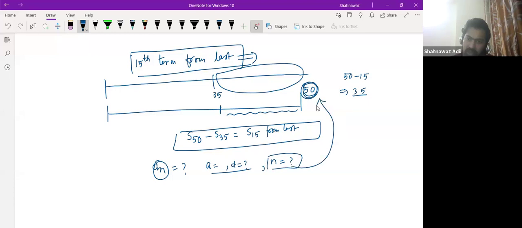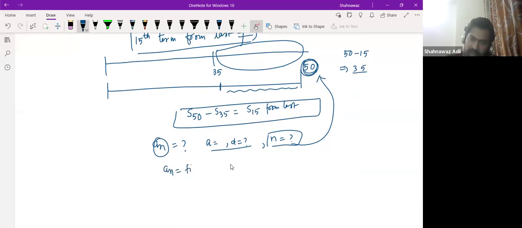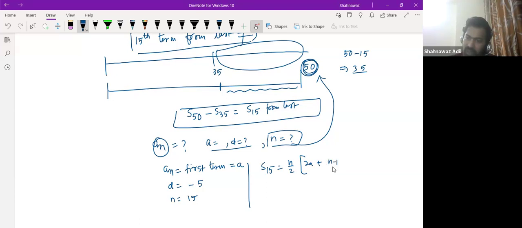This AN becomes the first term from the last, so this is your A. When you subtract, D would be negative, and you already know N is 15. Then you can quickly find the sum using 2A. That is what I have been telling you: you require the last term, otherwise this is not solved. Clear? Yes, sir, clear. Okay.